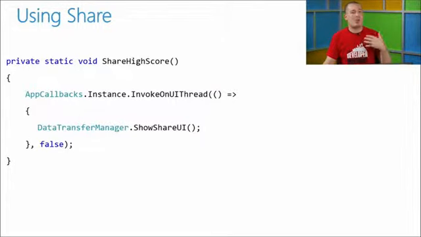If it's something that requires you to be doing it on the UI, you want to call it on the UI thread. As opposed to if it was something that you wanted to do inside the game, you're going to want to call it on the game thread. So what we've done here is we've invoked this on the UI thread, and we've said, just pop open that share charm for us. And then it goes back to our share text handler and actually calls what's inside there, and that's what sets it all up.